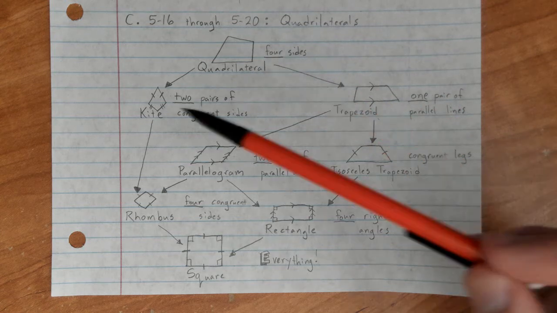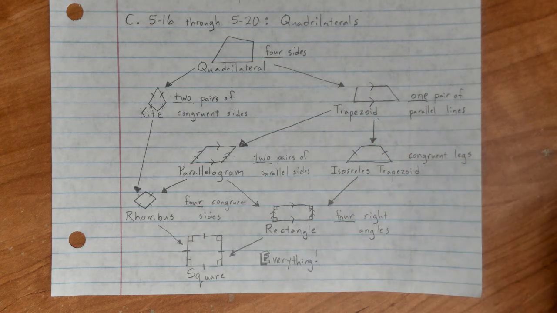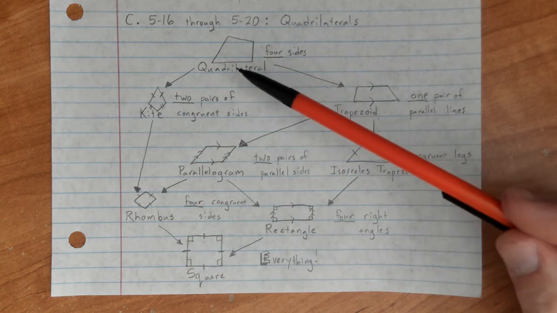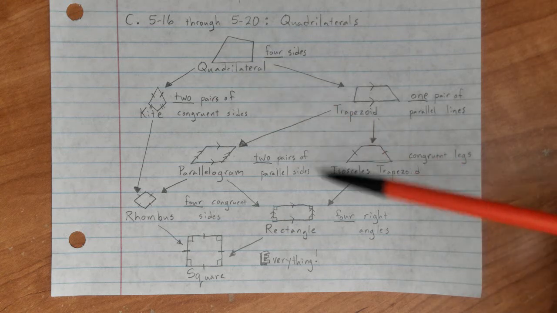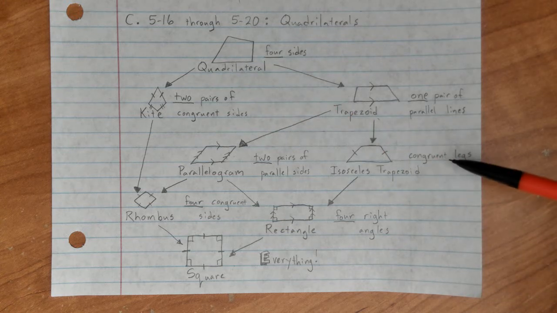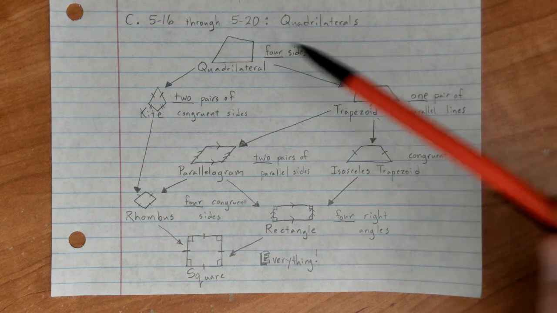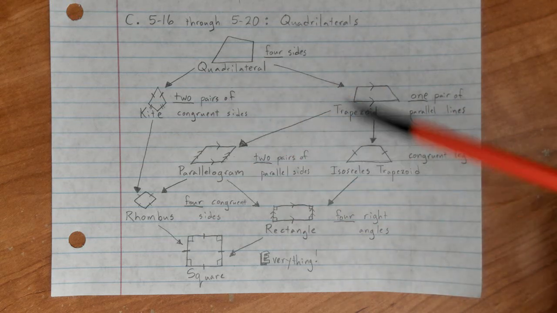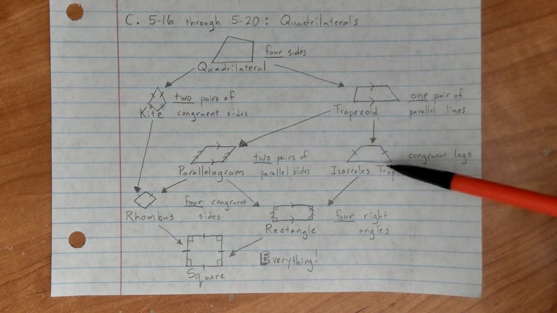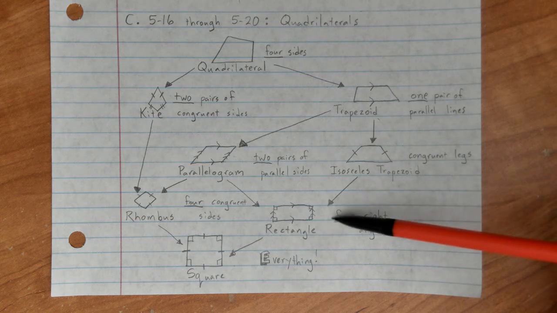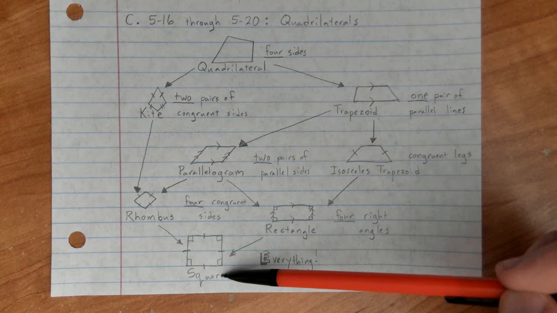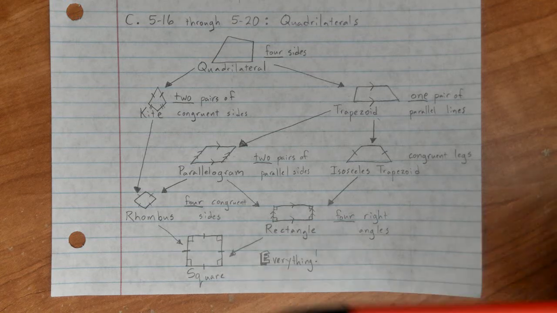Saying you've got a quadrilateral means it could be any one of these. But if I say I have an isosceles trapezoid, that means it's got to look like this. It has to have congruent legs and a pair of parallel sides. Isosceles trapezoid is more specific. Now I can get even more specific if I have a rectangle, and most specific if I have a square.